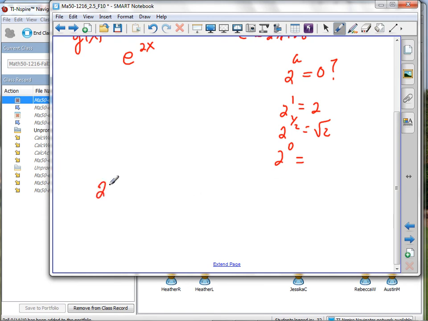let's say, 2 squared, we have 2 times 2. And if we have 2 cubed, we have 2 times 2 times... What does the exponent tell us?